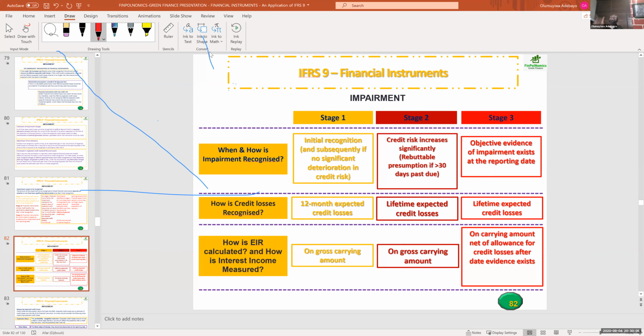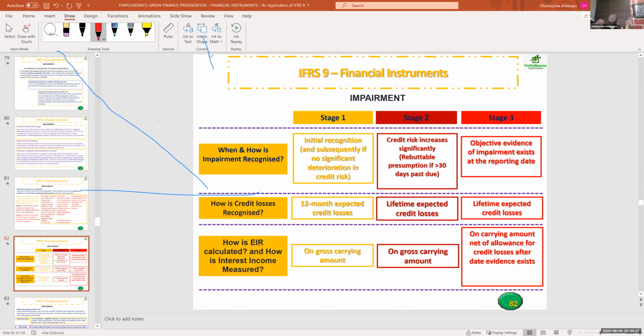And the minimum amount you can book is 0 when your assessment shows that it is 0, which is also a value. And from 0 upward, you determine what is your allowance for credit loss. Now, upon initial recognition, every financial asset will be classified as stage 1, except for what I told you earlier, credit impaired financial asset at origination, which will be classified as stage 3.